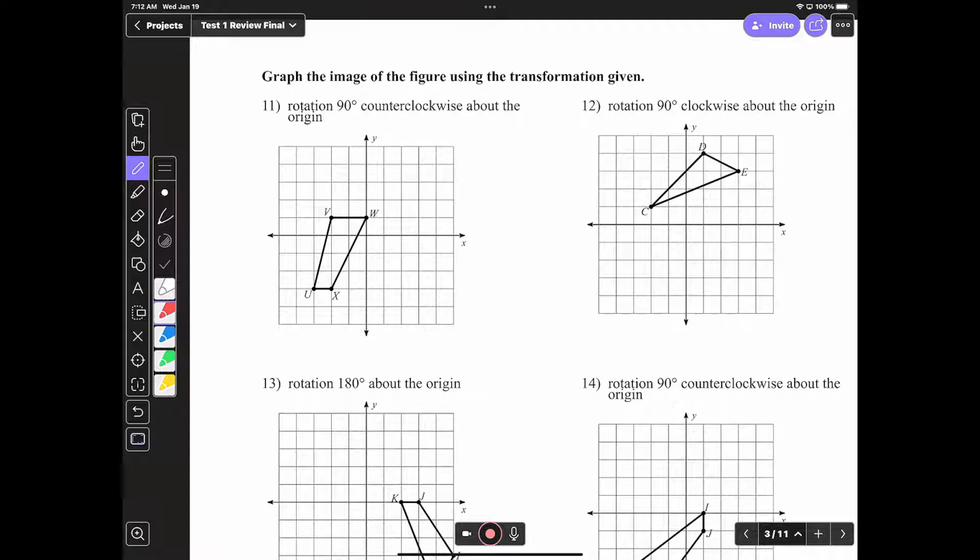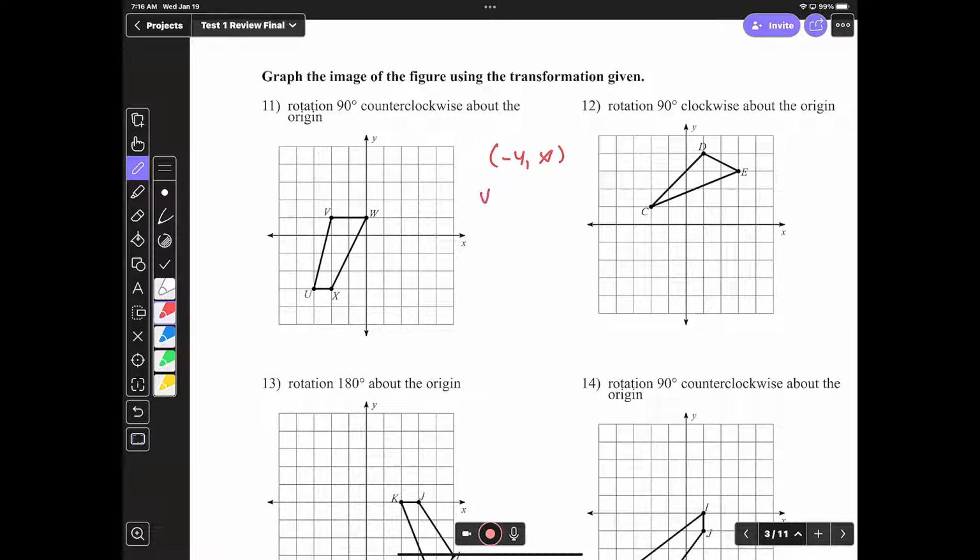Now, this next part of the review, we're going to be reviewing rotation. So remember that you're allowed to use your foldable, and I'm going to do that too. Okay, we're going to do a 90-degree counterclockwise rotation, and so the rule is negative y, x.